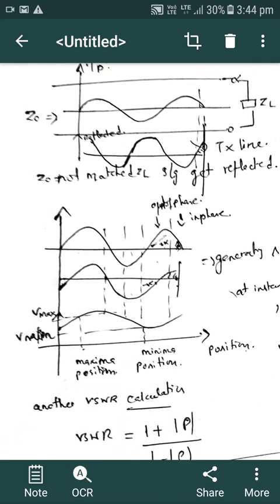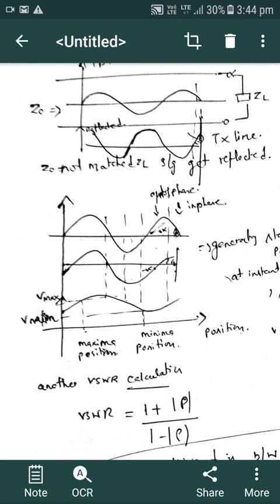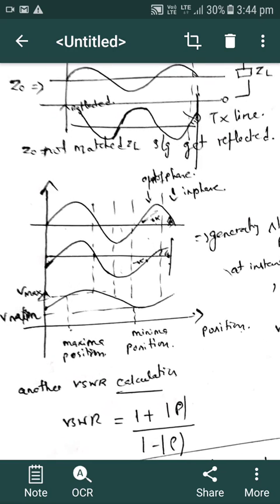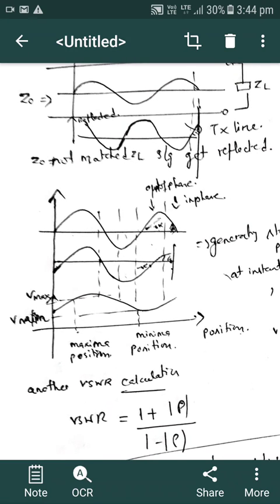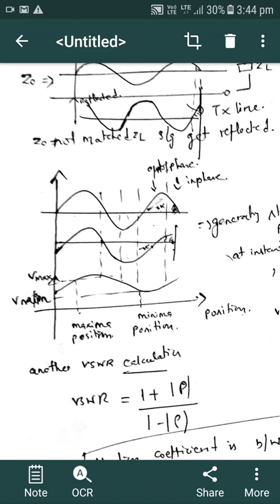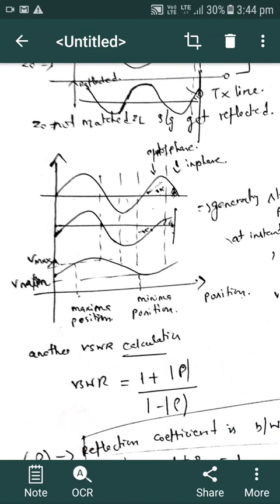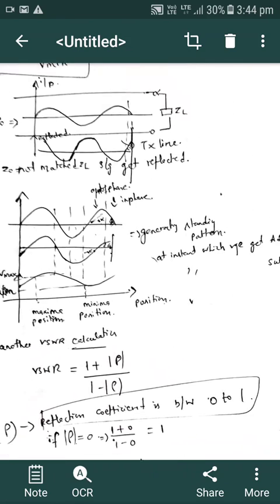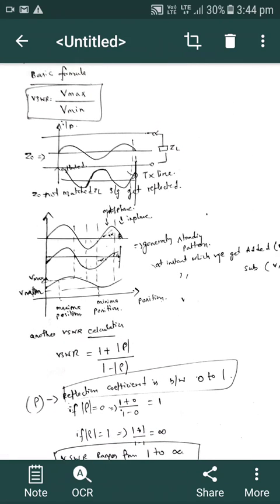For better understanding, see this model. This is the incident wave and this is the reflected wave. Looking at the output, depending upon the position, at some instant the voltages get added, which we call Vmax. At some other instant, the voltages get subtracted, and that voltage is called V minimum.